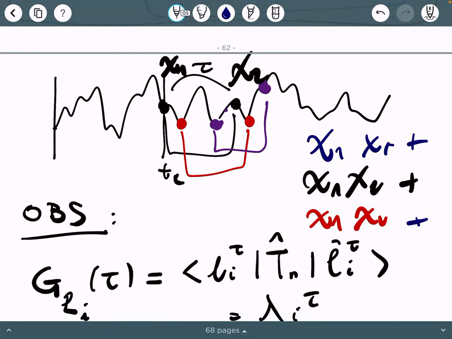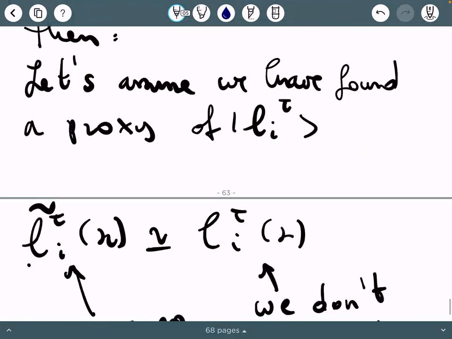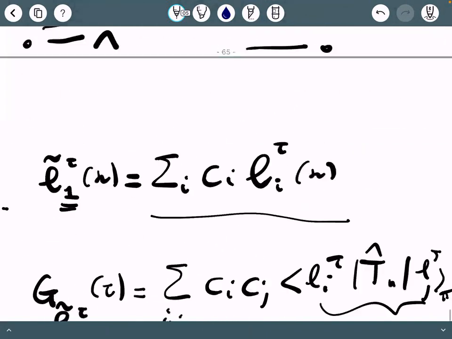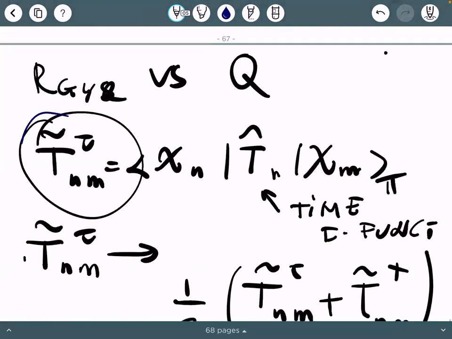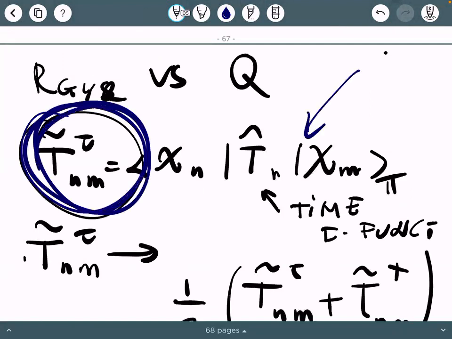So that's how you in practice estimate this matrix here. So from simulations, you can get this matrix.